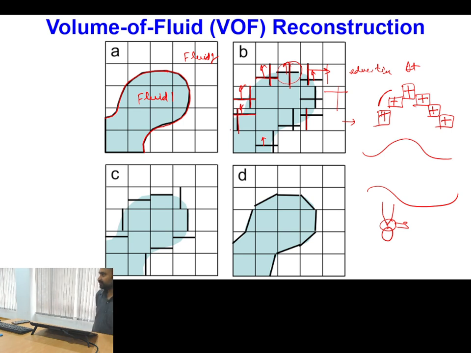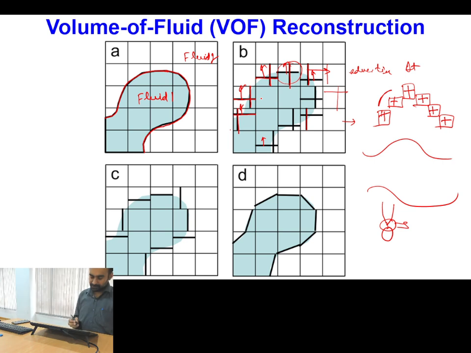Is this one clear? Then after this, a new scheme was proposed, in which it was decided: let us not use the combination of horizontal and vertical lines in a single cell, but instead use either a horizontal line or a vertical line. How to decide which type of line we have to use?